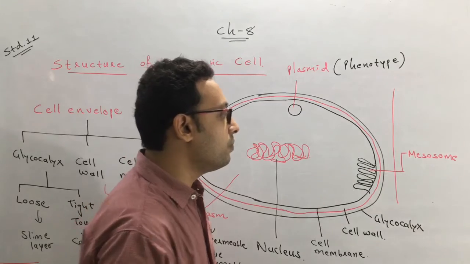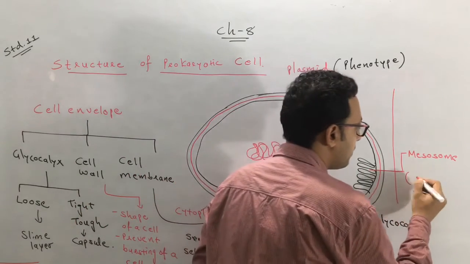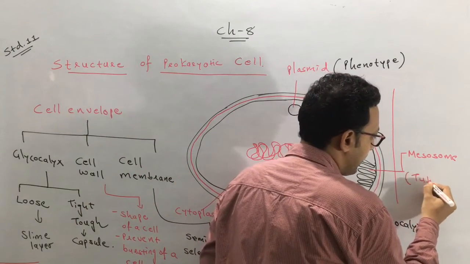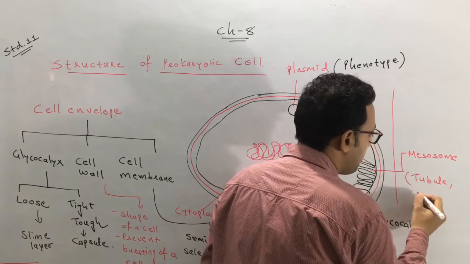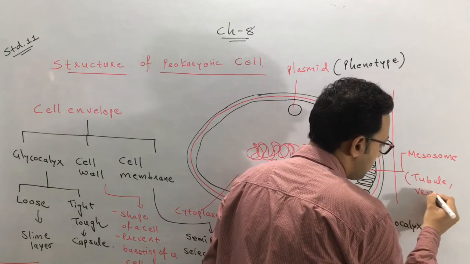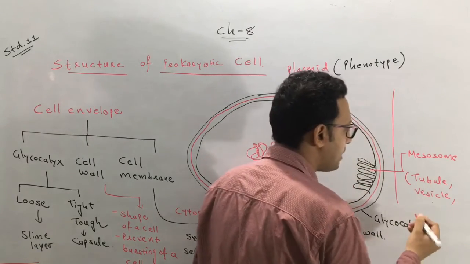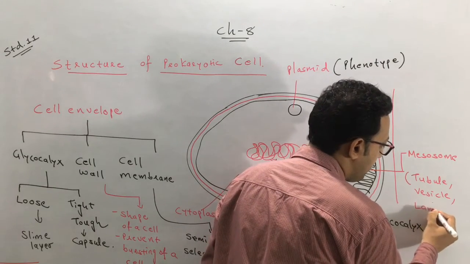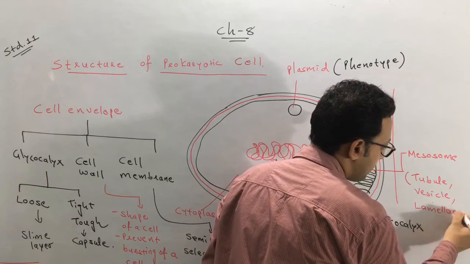This mesosome can be in the form of a tubule, a tube-like structure. It may be in the form of vesicles, a bag-like structure, or it may be in the form of lamellae.